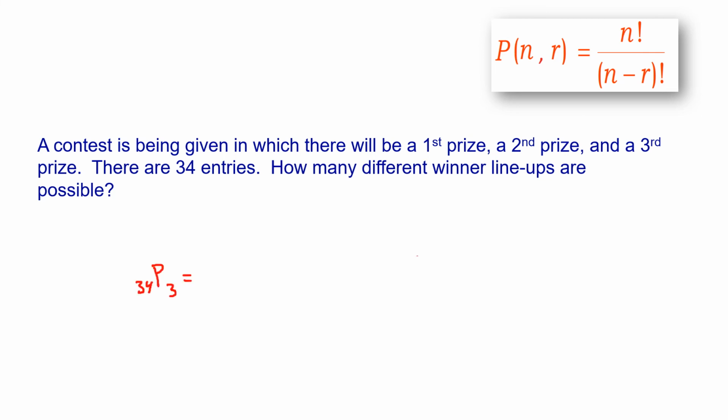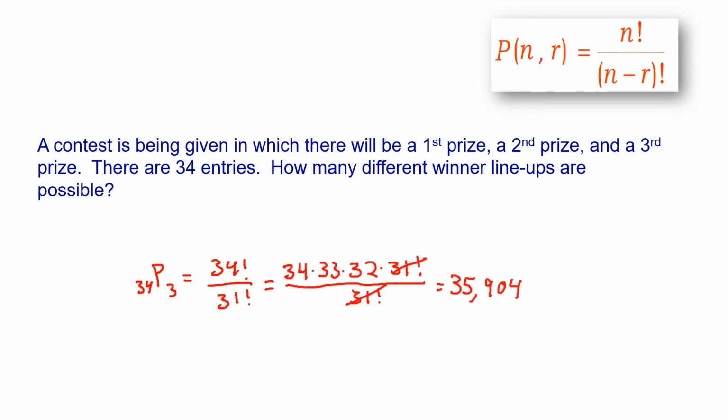So it would be a permutation of 34 things taken 3 at a time, because there's 34 possibilities and we're just picking 3 of them, and we care about the arrangement. So it would be 34 factorial, because 34 is n, over 34 minus 3 factorial, which is 31 factorial.